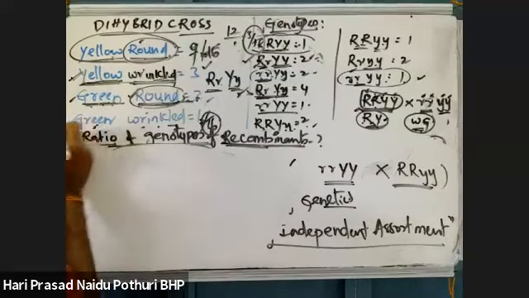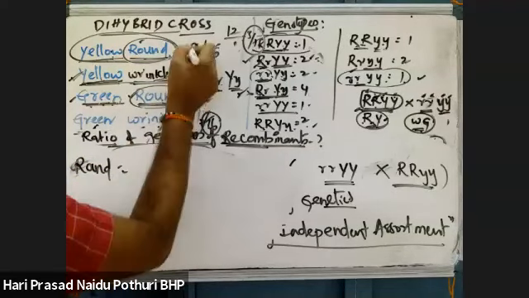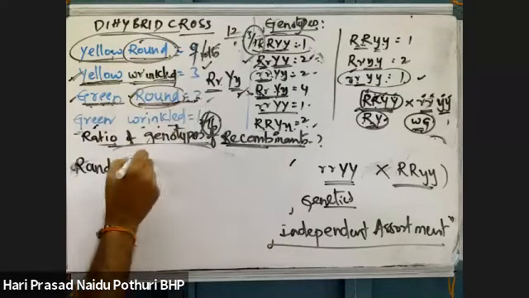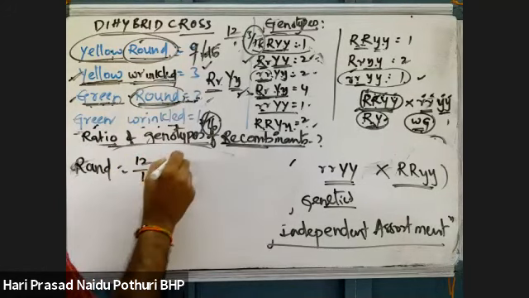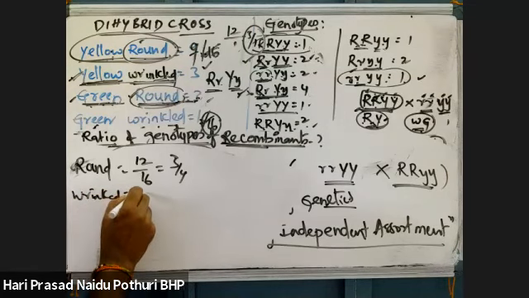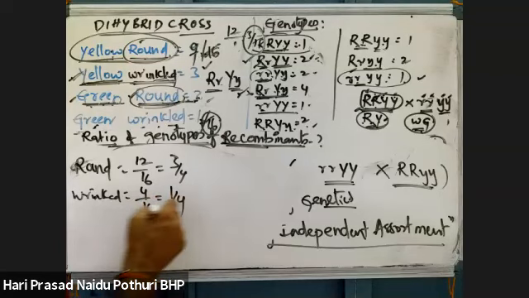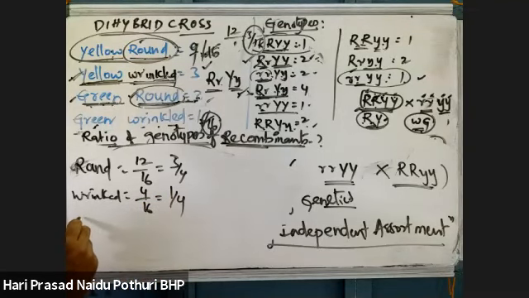Ratio of the first one, round: 9 plus 3, 12/16, equal to 3/4. Wrinkled is 4/16, equal to 1/4.